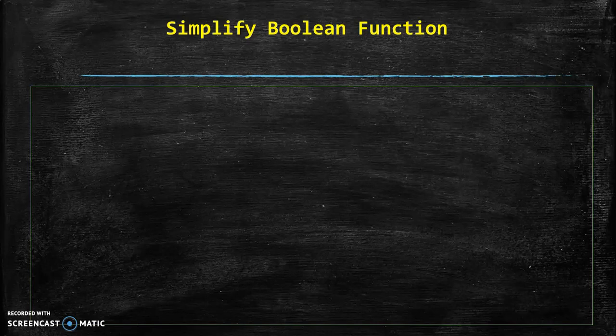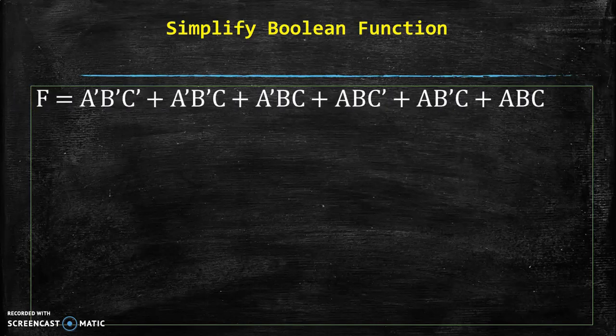Suppose we take another example, simplify the Boolean function. Now the function is given in terms of literals. First we have to check whether it is in standard SOP form or not. In this example we can see that it is in standard SOP form.